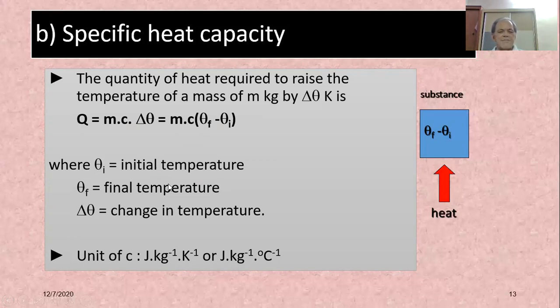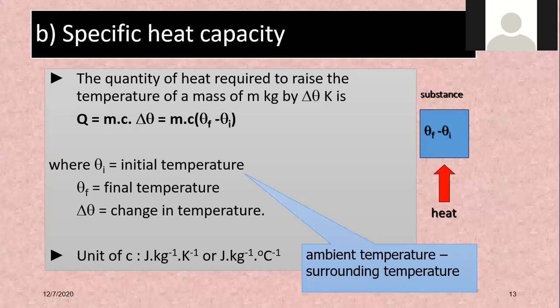Theta F is the final temperature, and delta theta is the change in temperature. The unit is joule per kilogram per Kelvin. Usually we call the initial temperature the ambient or surrounding temperature, I mean the room temperature.